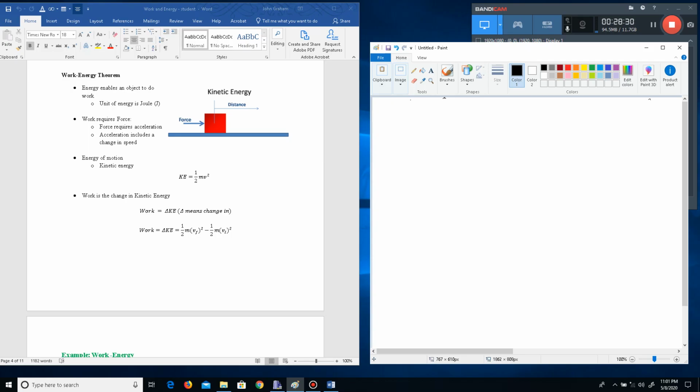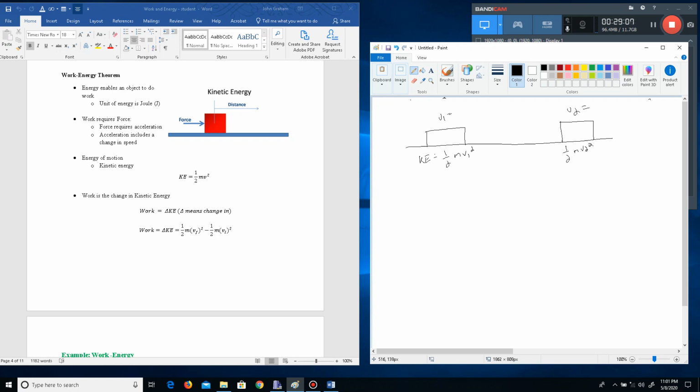Now, if we're looking at two different instances of kinetic energy, so an object speeding up, and they have speed 1 here, or slowing down for that matter, and they have a speed 2 there, there's going to be a change in kinetic energy, because they're going to have a kinetic energy here that I'll label as 1/2 mv1 squared and 1/2 mv2 squared.